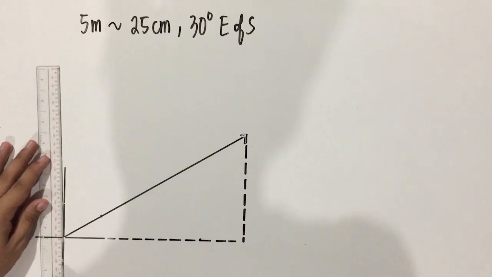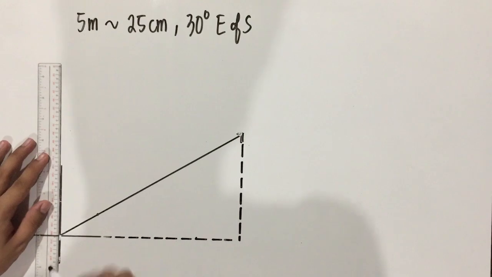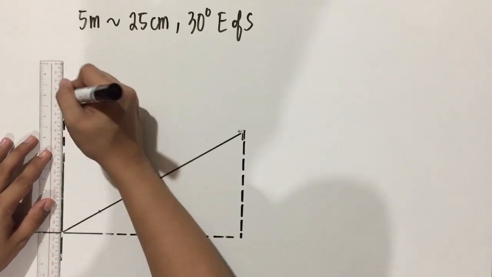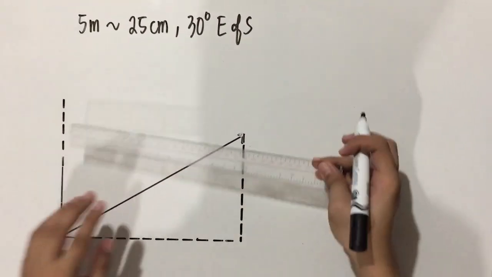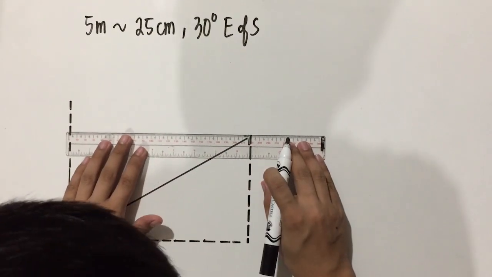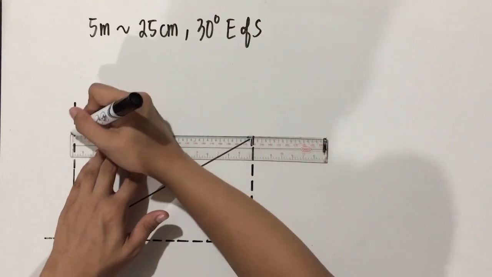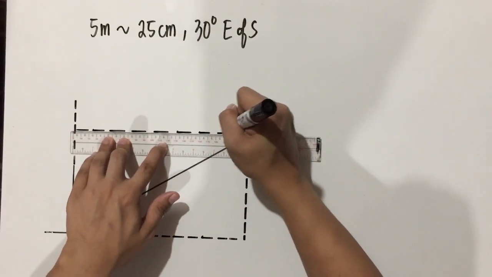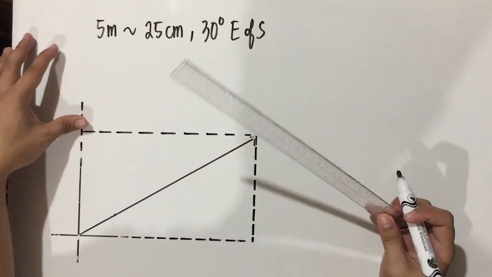We have to still draw broken lines. And later, after we draw broken lines, we have to measure these broken lines in order for us to determine the components of this resultant vector.